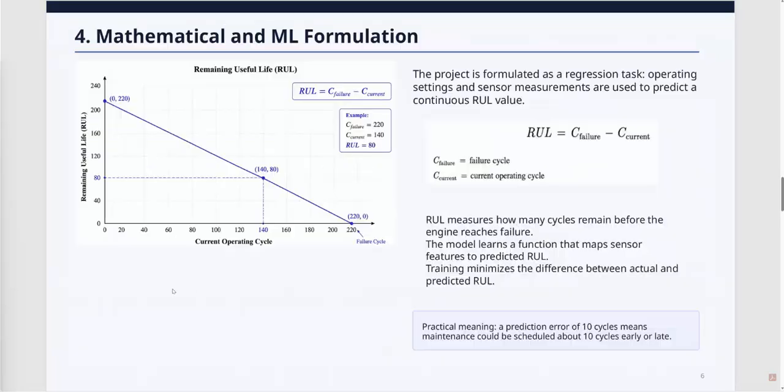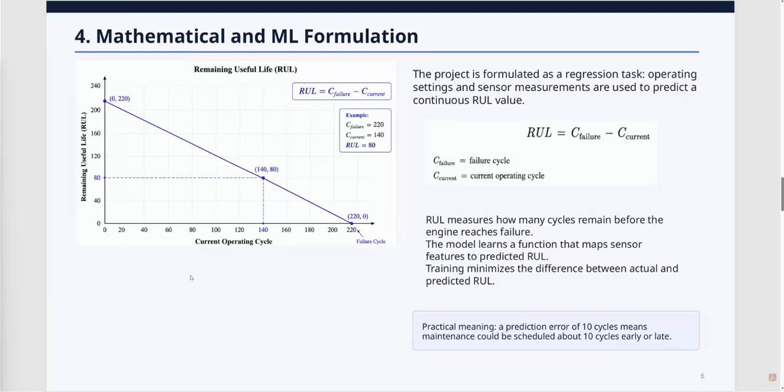Before going next, let's dive into that diagram real quick. This diagram shows how remaining useful life is calculated. The x-axis shows the current operating cycle, and the y-axis shows how many cycles remain until failure.